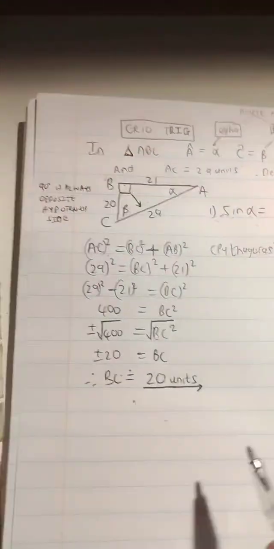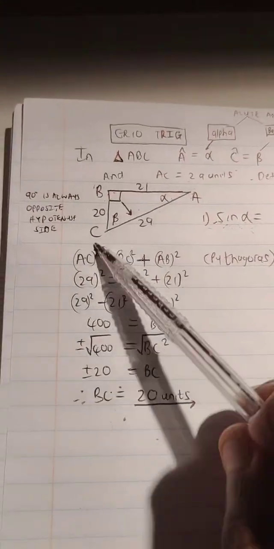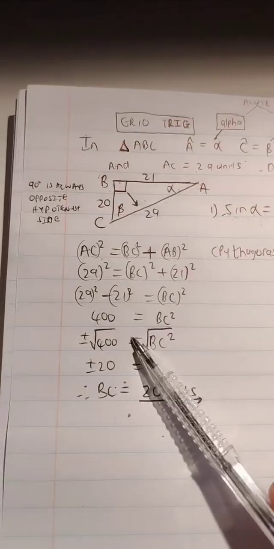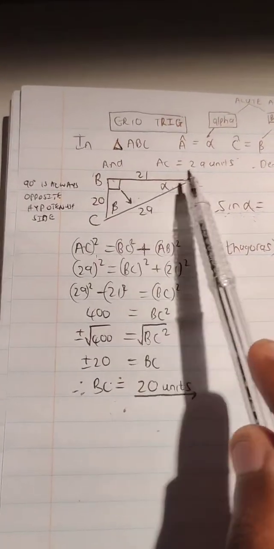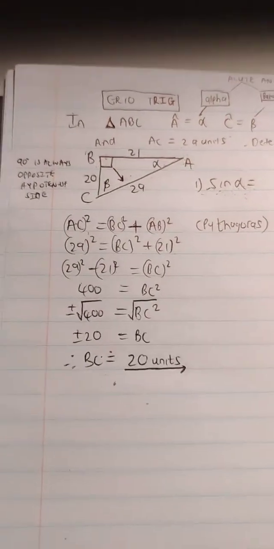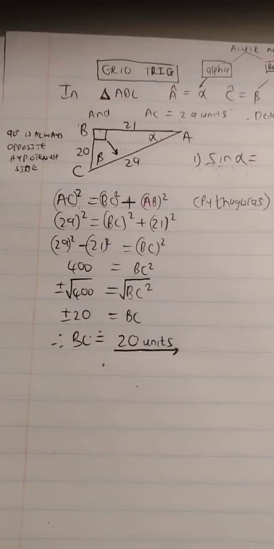That is BC. Now I can complete my right angle triangle and fill in the missing side. I now have all three sides of my right angle triangle.